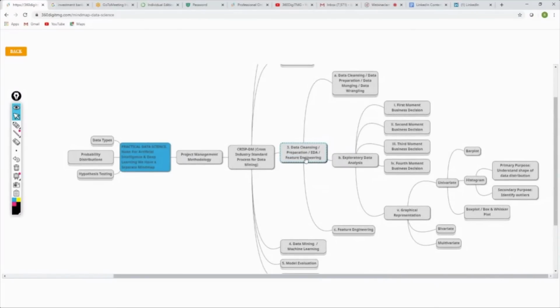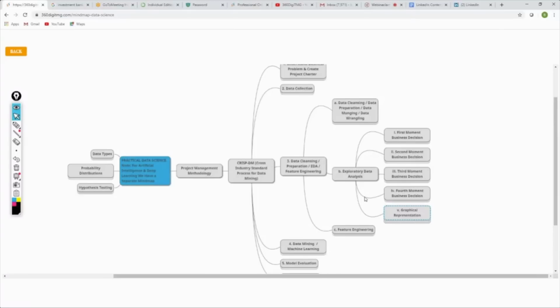Within this, we are discussing exploratory data analysis, which is also called descriptive statistics or descriptive analytics. Within that, yesterday, we started off with the first moment business decision, and we discussed measures of central tendency: mean, median, and mode.